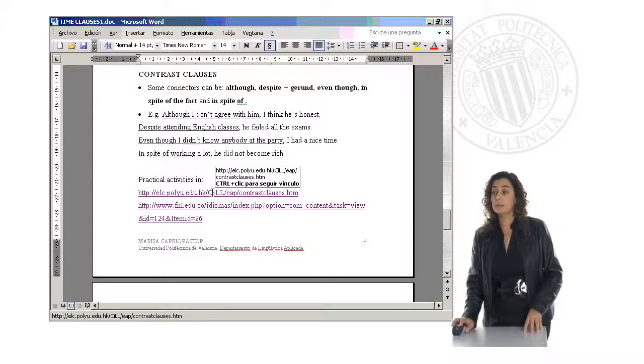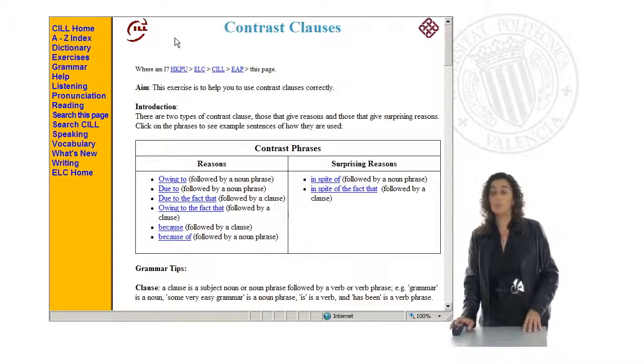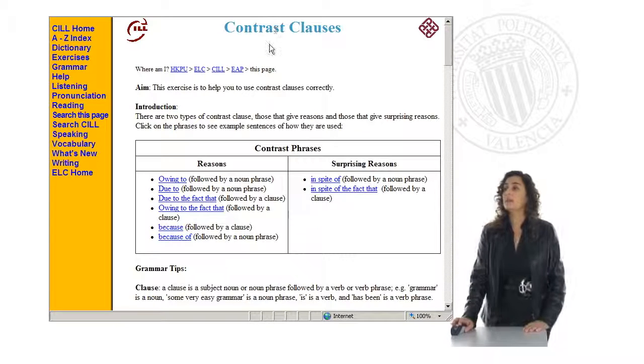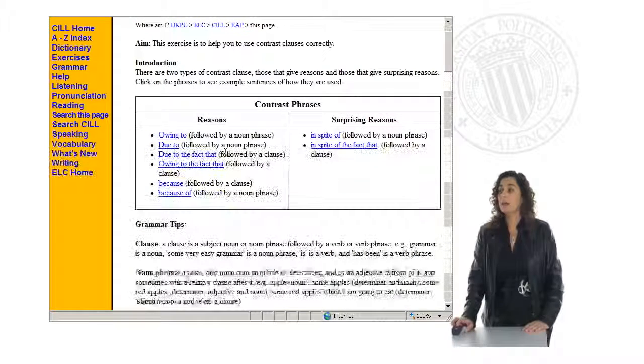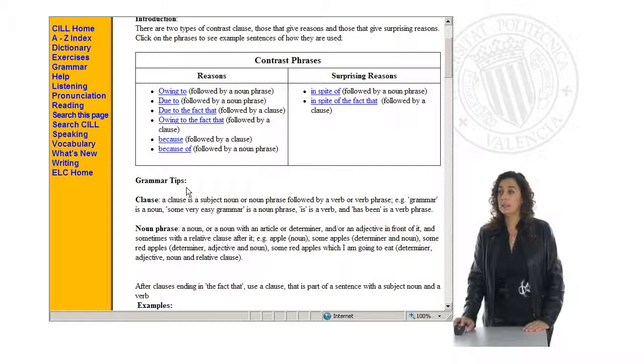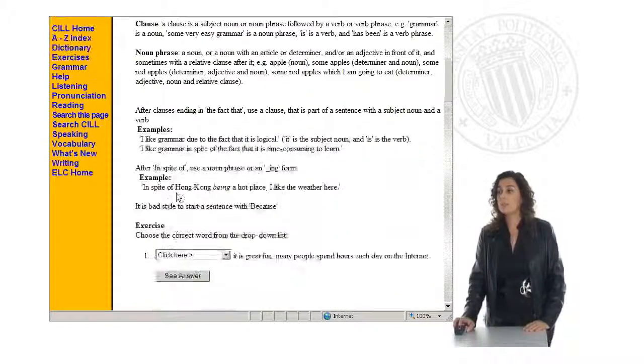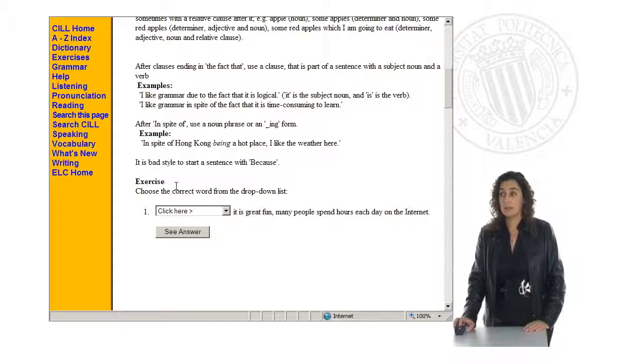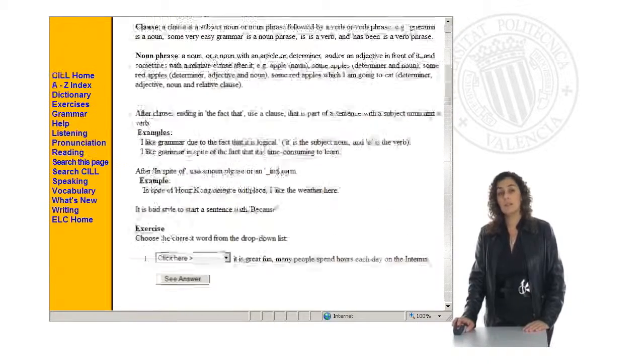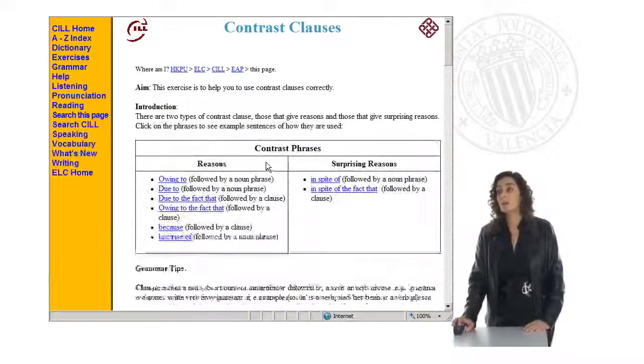You can see, as before, some practical activities on these two websites that I'm going to show you. The first one is about contrast clauses. Right here you see all the reasons, the grammar tips, examples, and exercises. This is a very practical website to practice all these kinds of clauses.